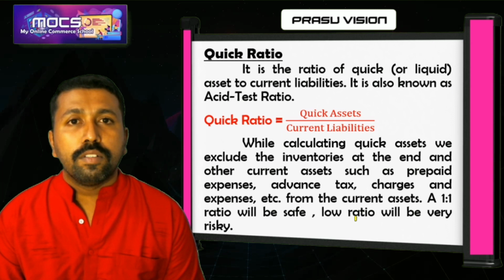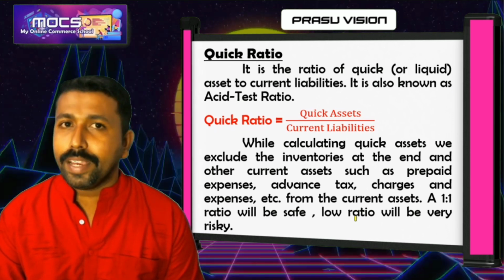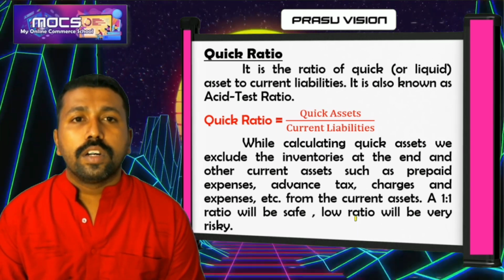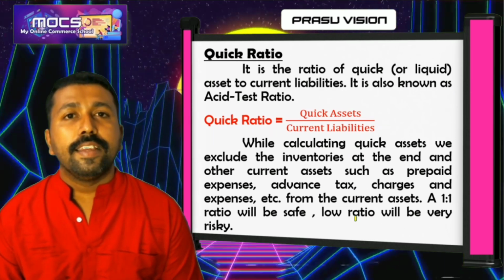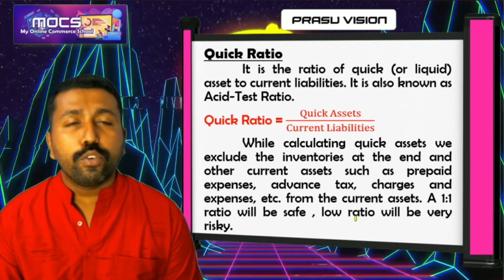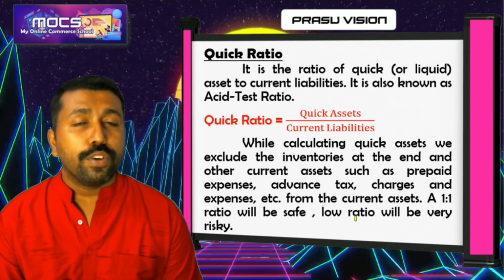That means we need minimum 1 quick asset to pay 1 current liability. So keep in mind the equation, and when we calculate the quick ratio, we have to calculate the value of quick asset.